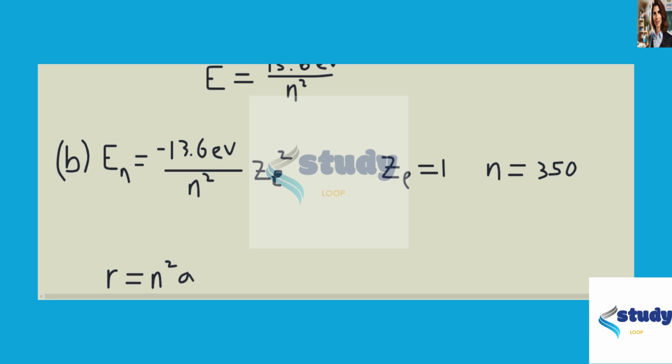We only care about the value, so we can ignore the sign. Plugging in those values, we find that E sub N is equal to 1.11 times 10 to the minus 4 electron volts. It makes sense because the electron's very far away, so it wouldn't take much to excite it.